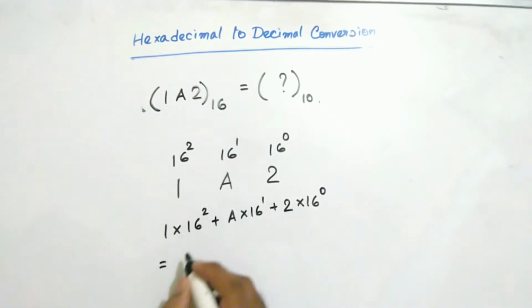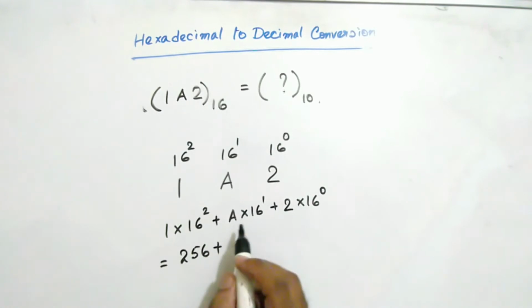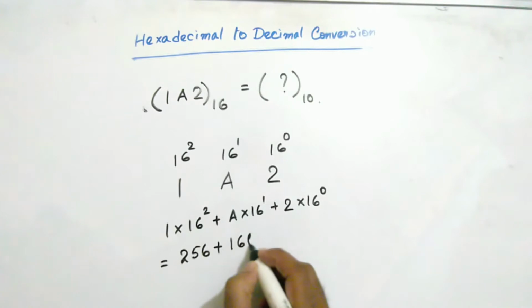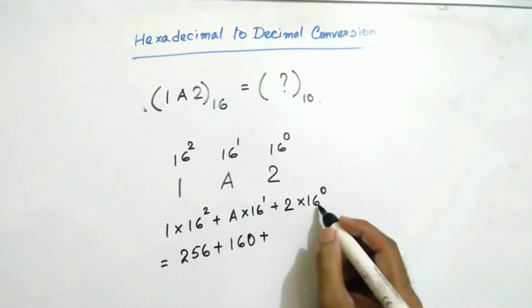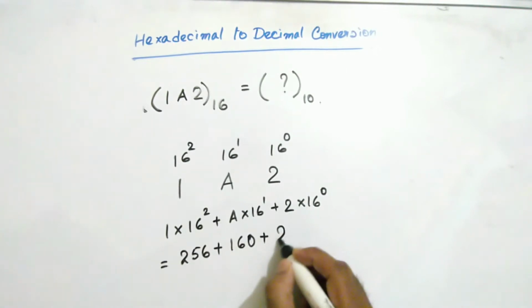So 16 squared means 256, multiplied by 1, that is also 256. Here A represents 10, 10 multiplied with 16 means 160, and anything raised to the power 0 means 1, so 2 multiplied by 1 means 2.